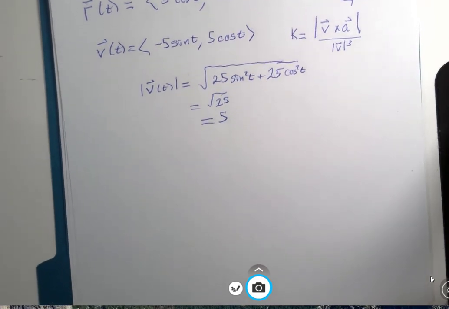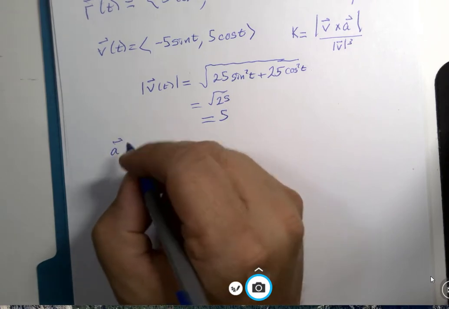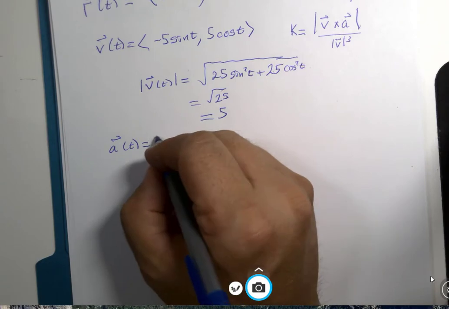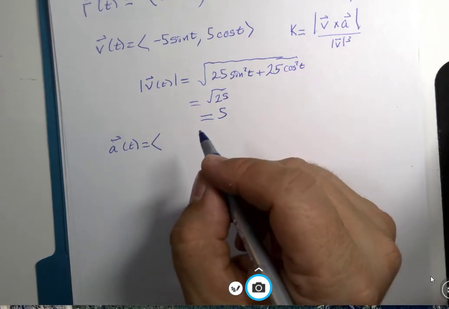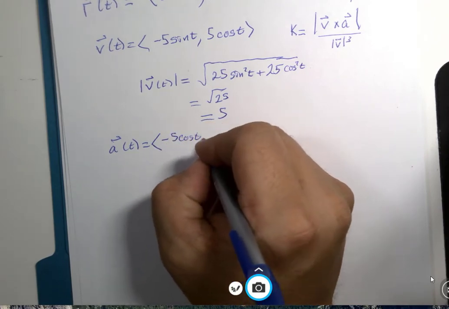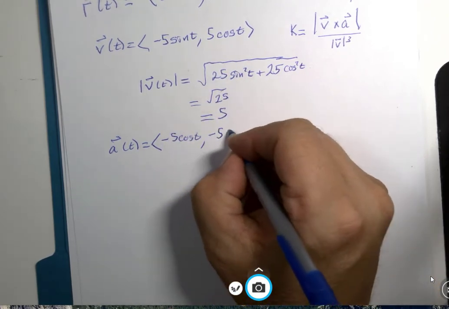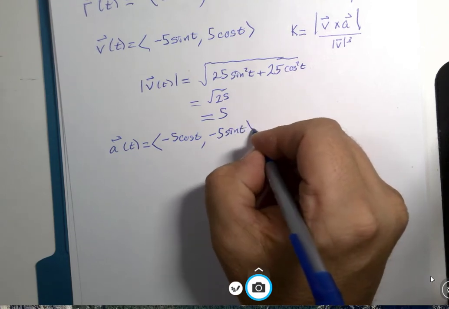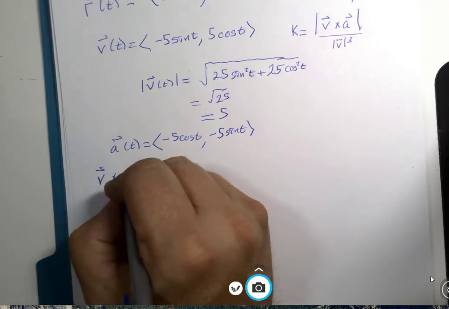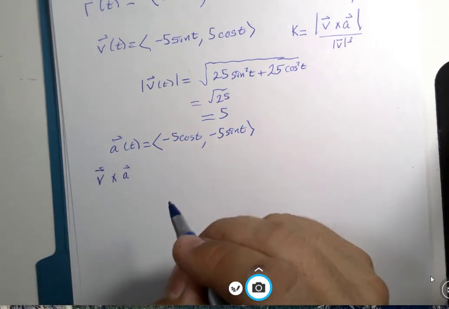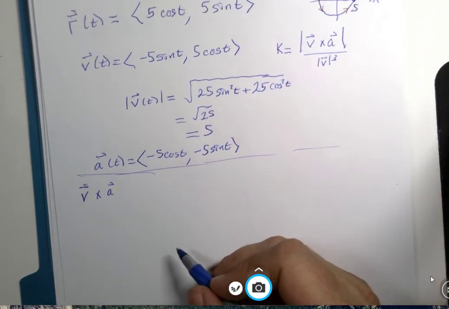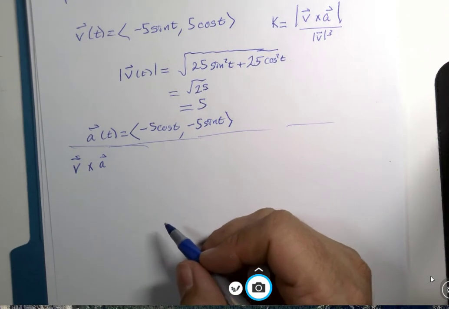And I do need acceleration. And acceleration is, let's see here, -5 cosine t, comma, -5 sine t. So I need to do the cross product of velocity and acceleration and then find the magnitude of that afterwards. Now watch this.